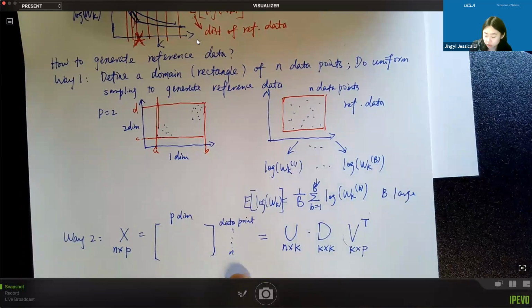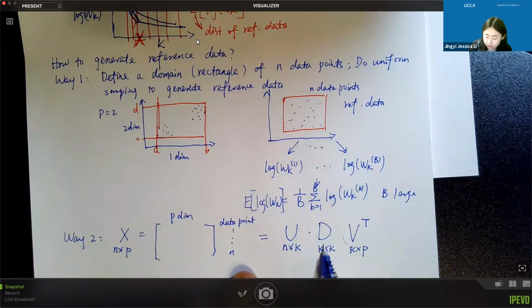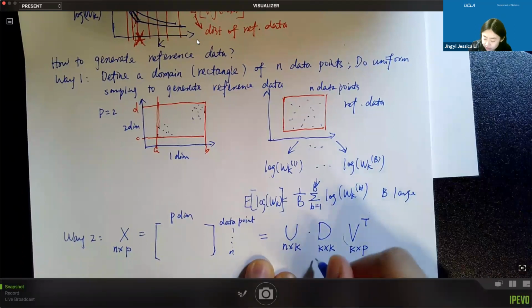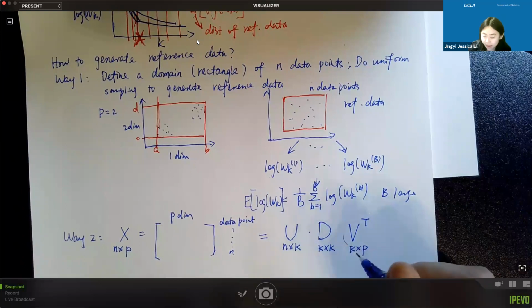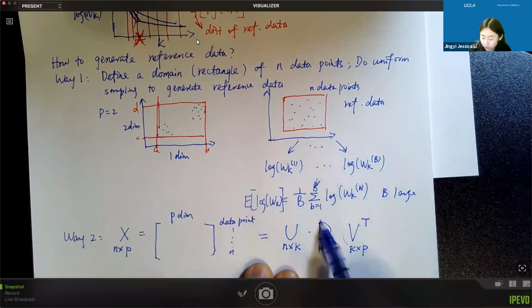The diagonal matrix contains what are called singular values, and the singular values can be ordered by their magnitude. The largest singular value denotes the most important new dimension, down to the k-th singular value for the least important new dimension.